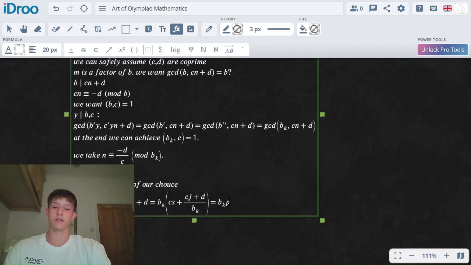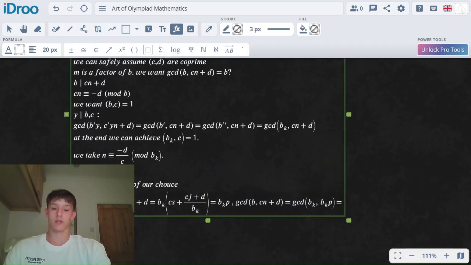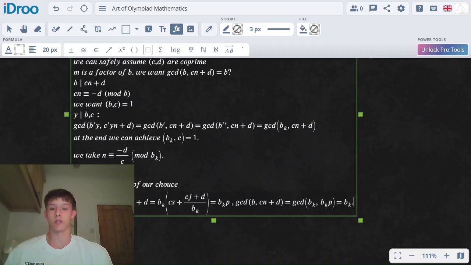So essentially we get that this is bk times some number p, and then the GCD that we had of b and Cn plus d is now the same as the GCD of b and bk times p, which is bk, any number bk that we chose.